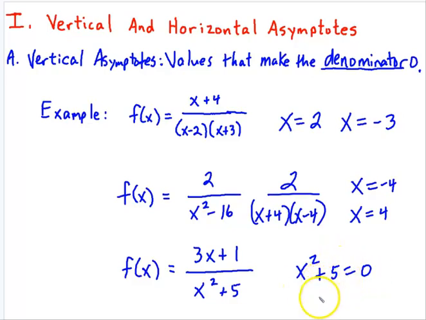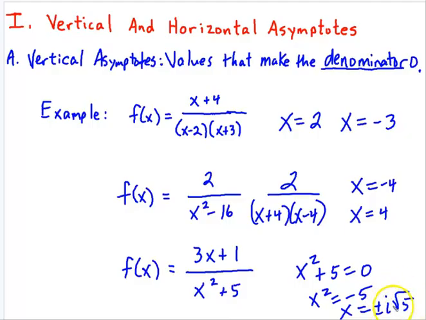So when I try to solve this equation, I'm going to end up doing the square root of a negative number. So this is something to be on the lookout for when you're trying to find numbers that cause the denominator to be 0, and in the process you end up with i pops up.